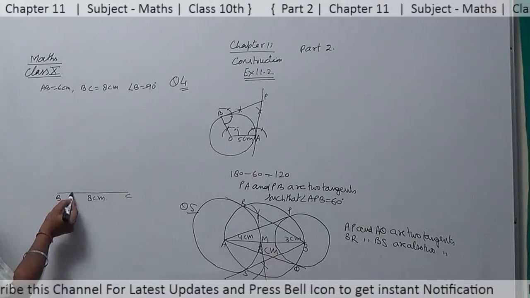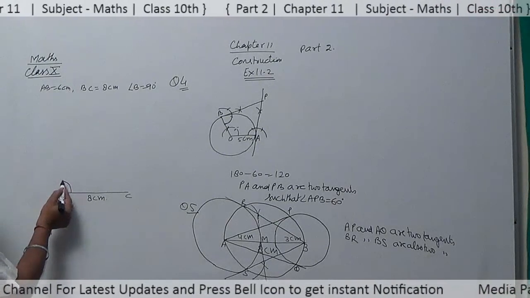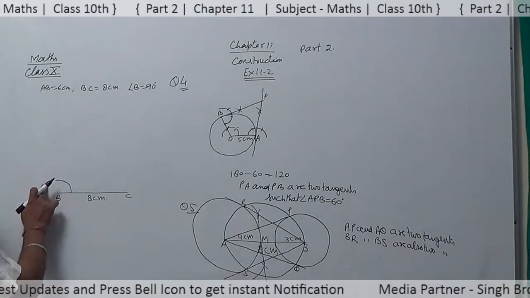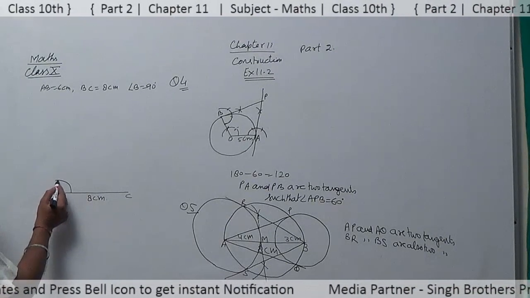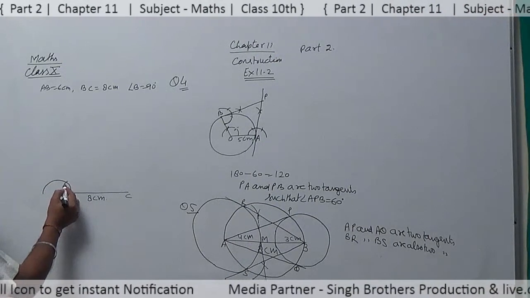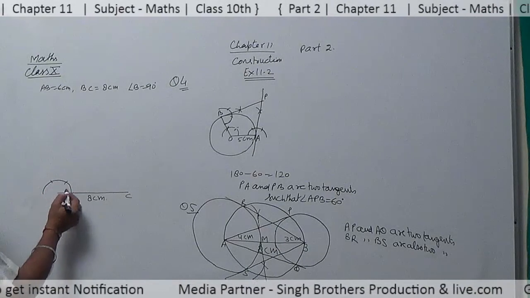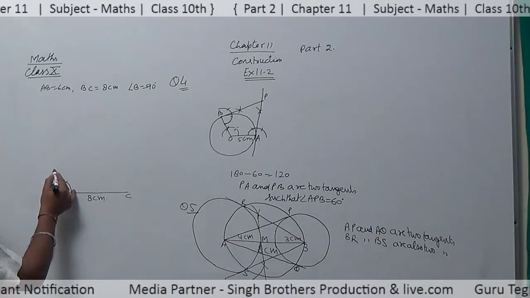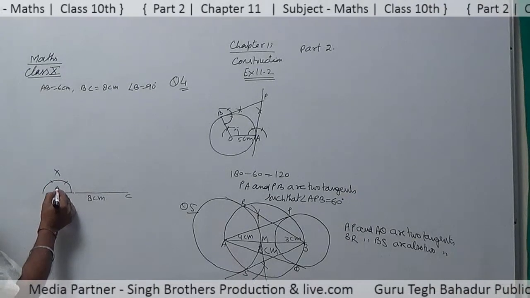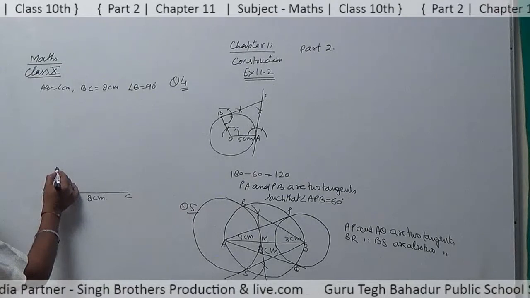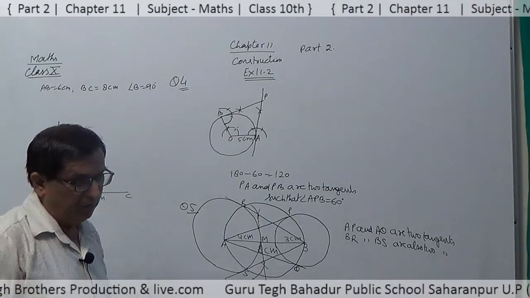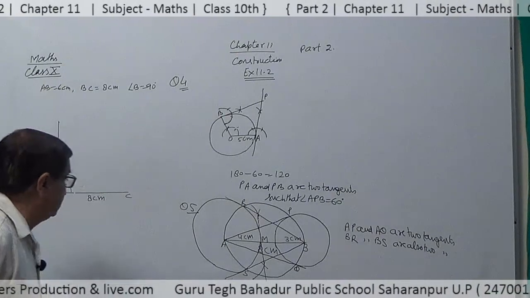From point B, we will draw the arc. This is 60 degrees, then this is 120 degrees. Bisector of these points, this is the 90 degree angle. Now AB is 6.